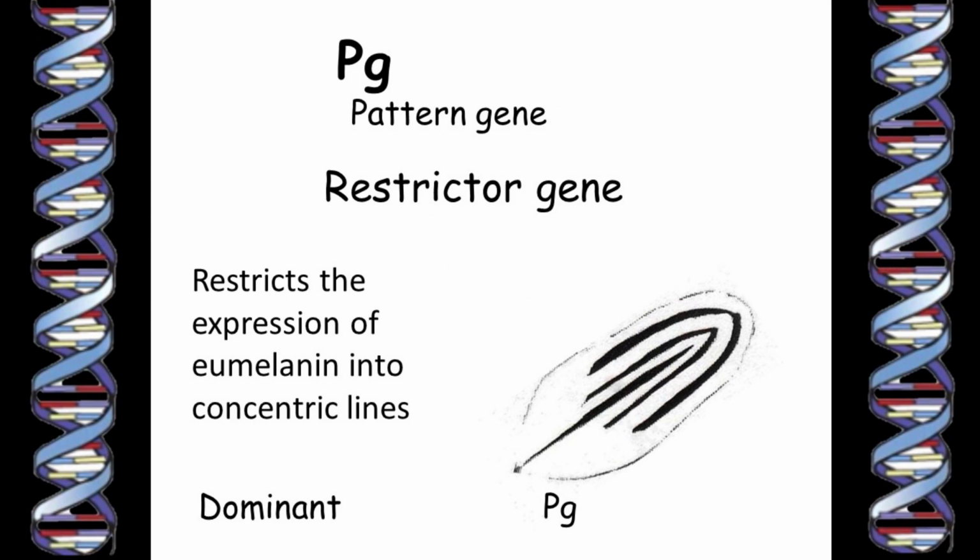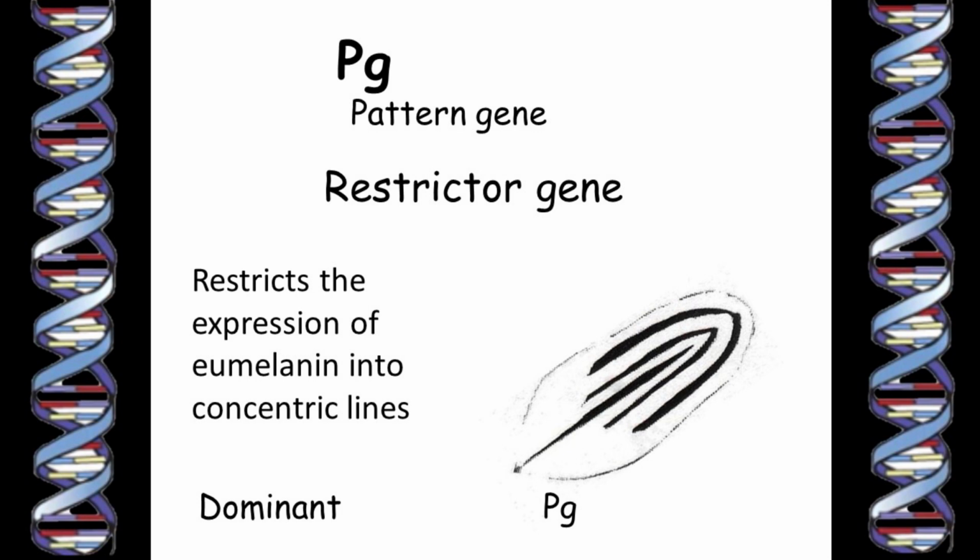The first gene that we need to consider is the PG gene. PG stands for pattern gene, and it's a very important gene in creating patterned feathers. It's a restrictor gene, and just like the restrictor for mottle, PG restricts the expression of black eumelanin from some parts of the feather but not others.